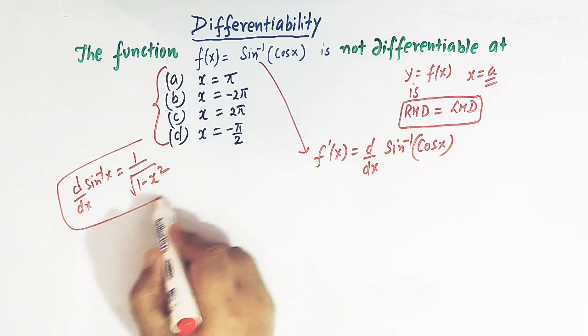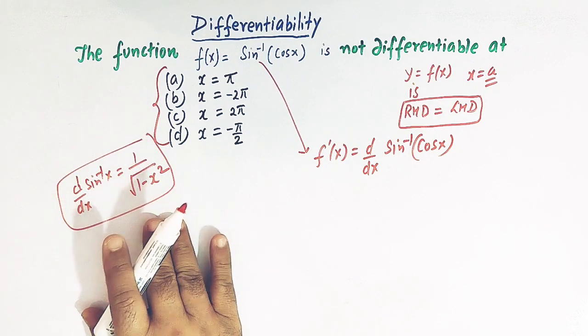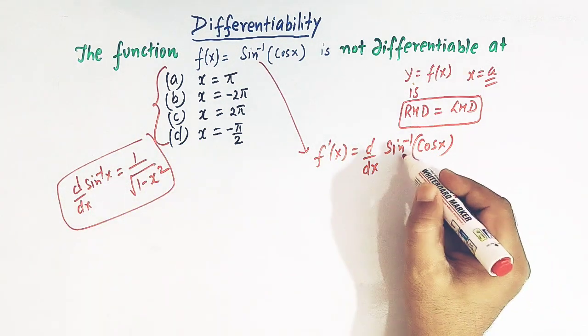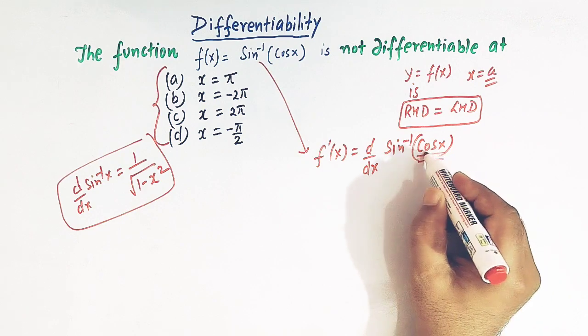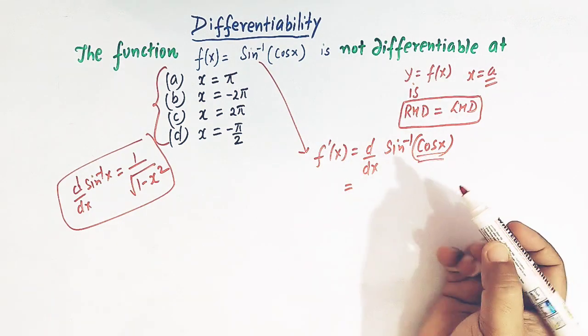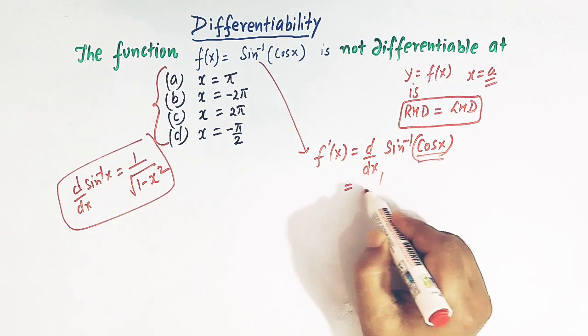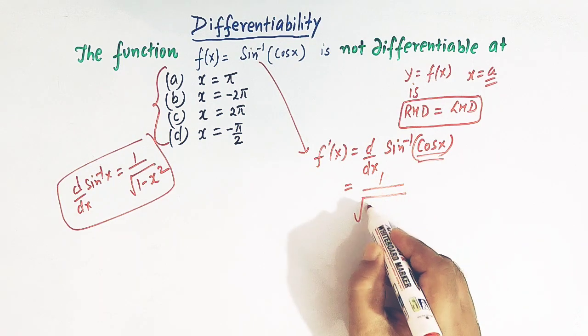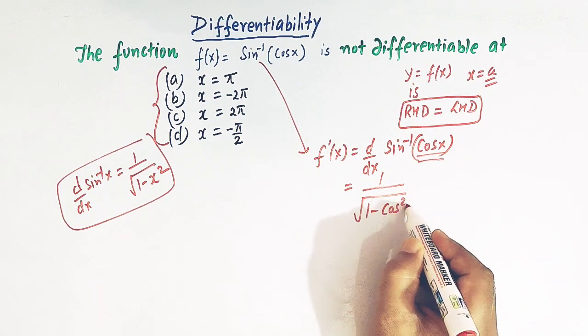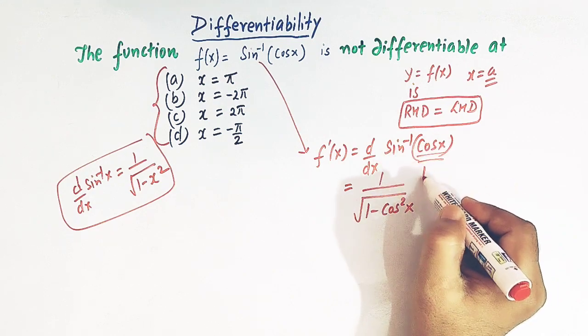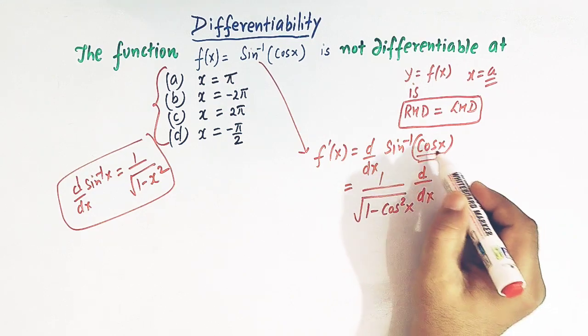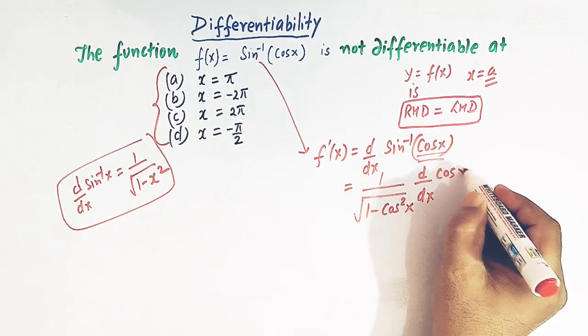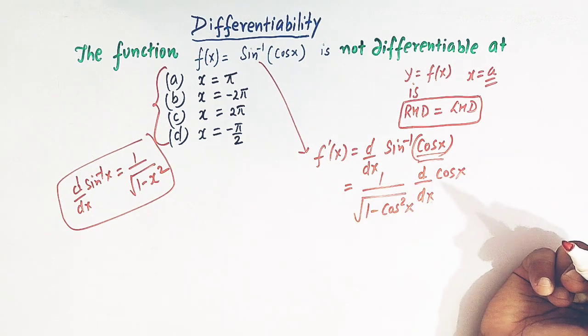This is the standard result in differential calculus. Here for x we have cos x, so we write 1 over square root of 1 minus cos square x, and then by chain rule we find the derivative of cos x with respect to x.